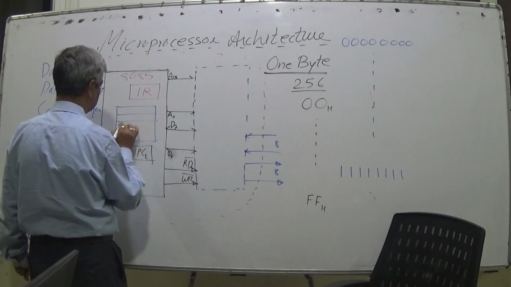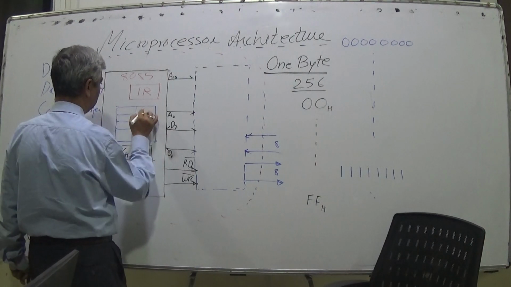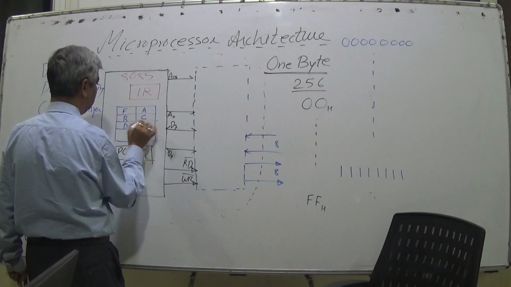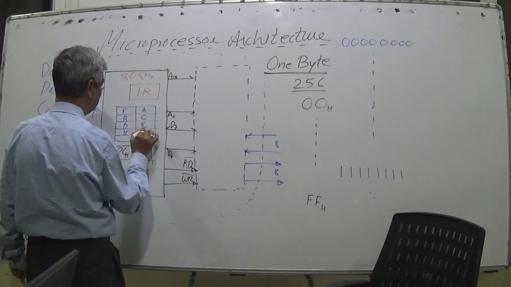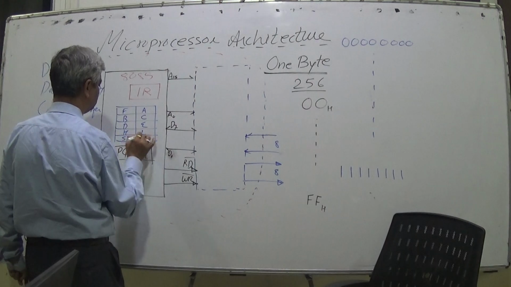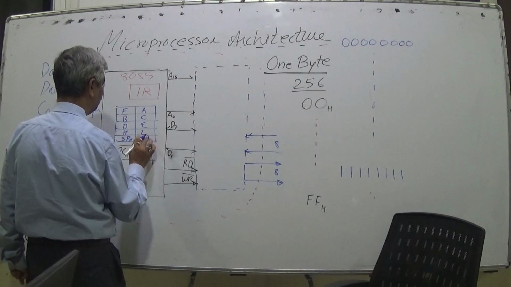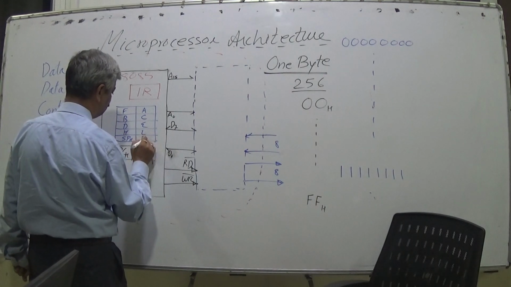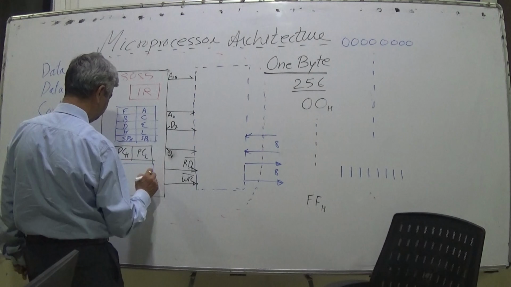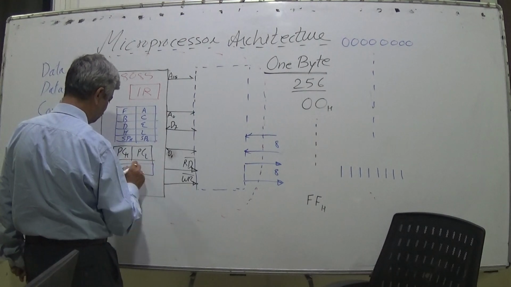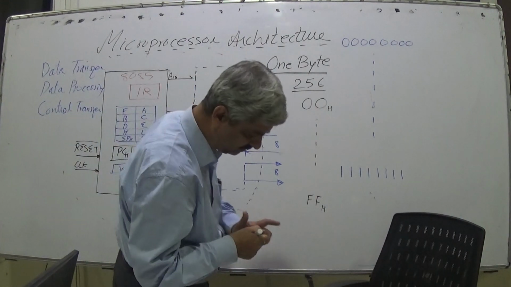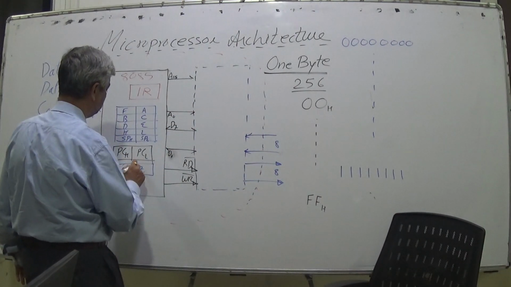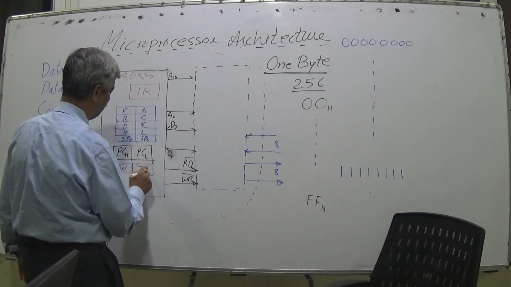These are A, that is the flag, B, C, D, E, H, L, and there is one more, stack pointer H, stack pointer L. I will explain all these things, what is needed and so on. And then there is one temporary register not seen, WZ, which is not accessible to the user. This is something with which the microprocessor can function.